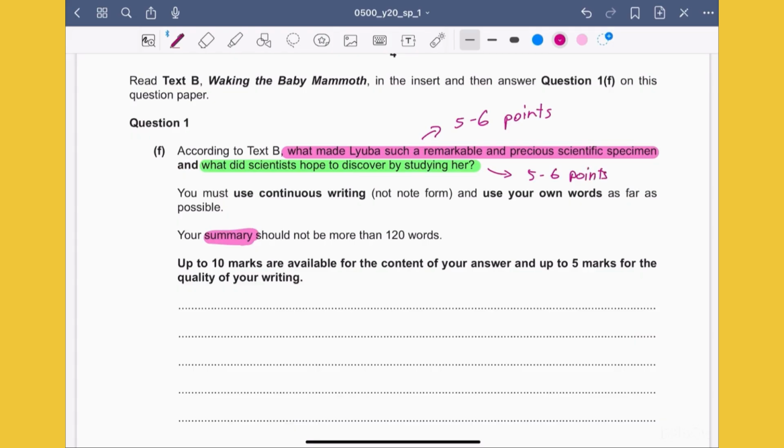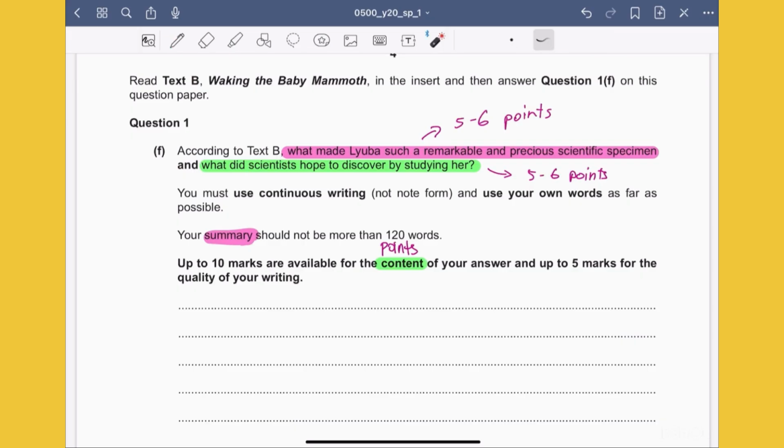Then over here, you can see 10 marks are available for the content, 5 marks available for the quality of your writing. So what does content mean over here? It is points. How many points are you able to extract from the text and put it in your summary?